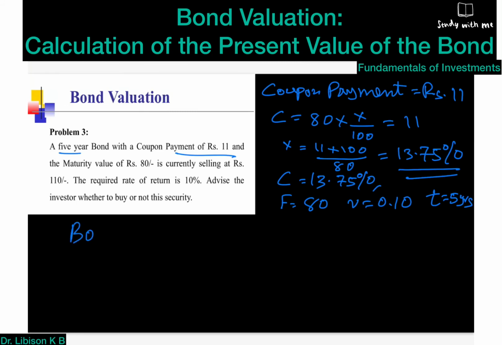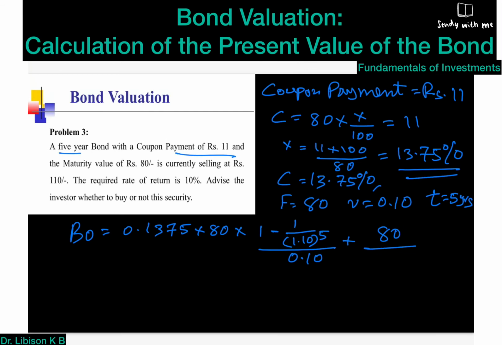So B0 is equal to 0.1375 multiplied by 80 multiplied by 1 minus 1 divided by 1.10 raised to 5 whole divided by 0.10, plus 80 divided by 1.10 raised to 5.